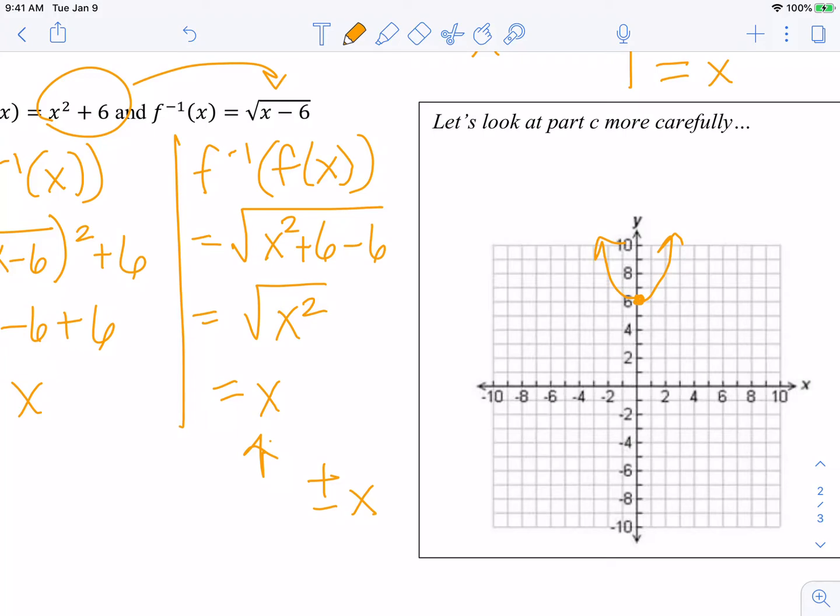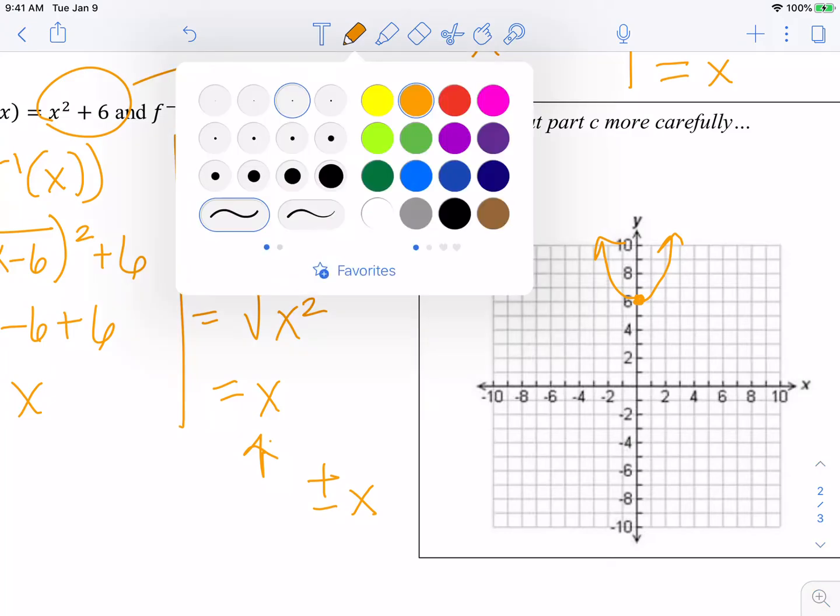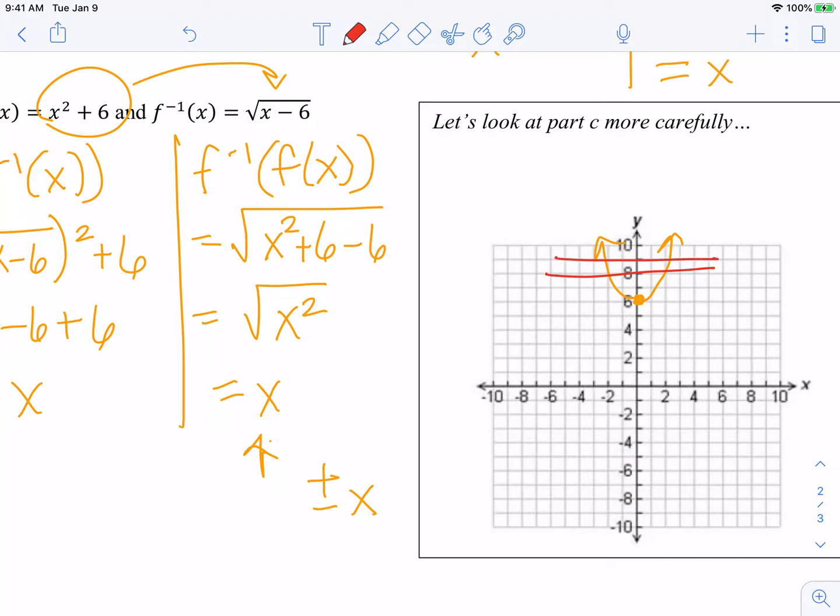But when we look at this parabola, hopefully you can see right away that this function is not one-to-one. So yes, it has an inverse function, but this function itself cannot have an inverse unless we restrict that domain.